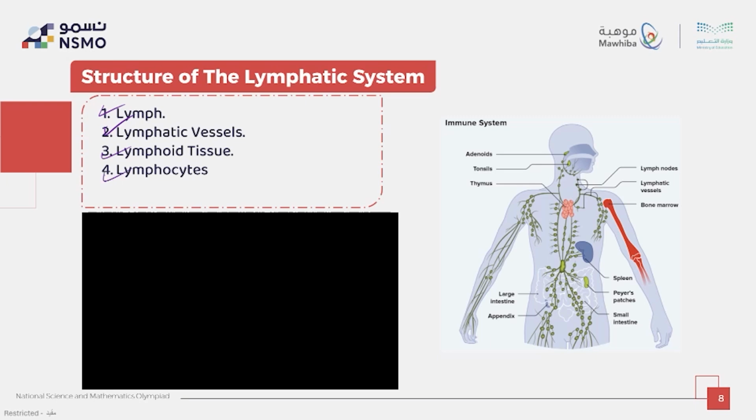Okay, last one is lymphatic organs. Organs like the spleen, lymph nodes, and thymus produce and train immune cells. So, the lymphatic system is a complete internal protection network.